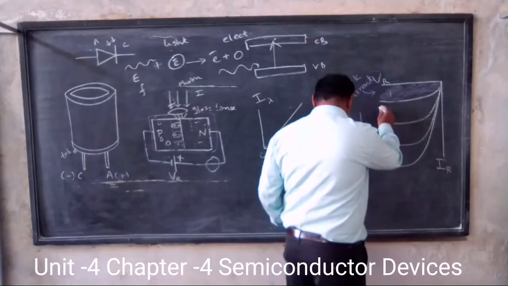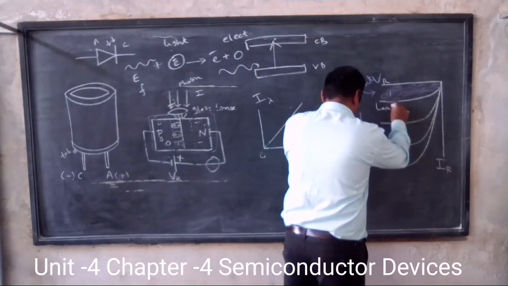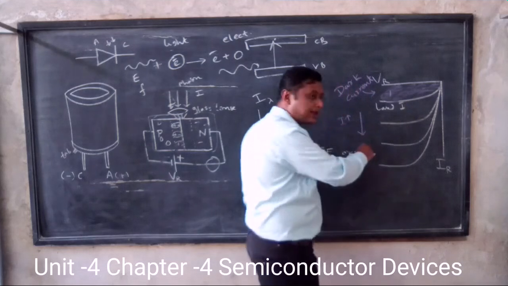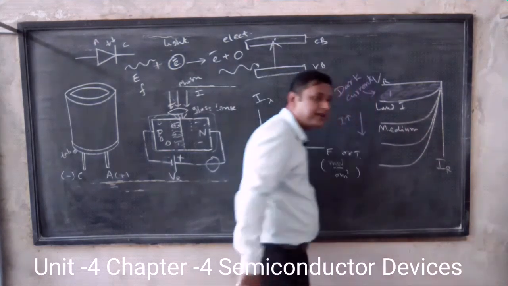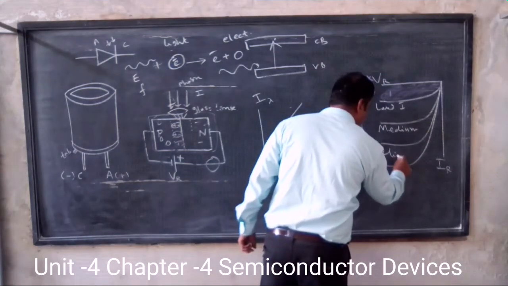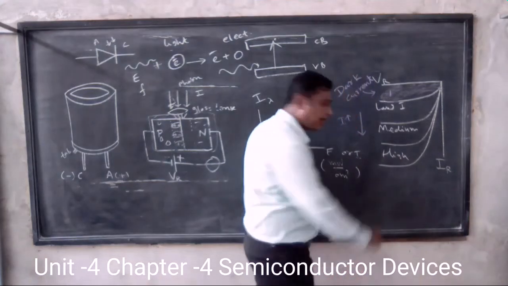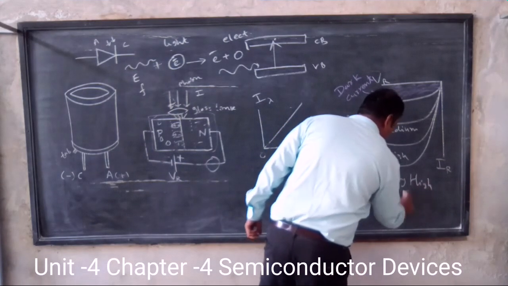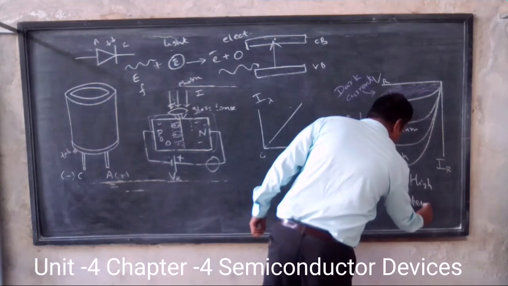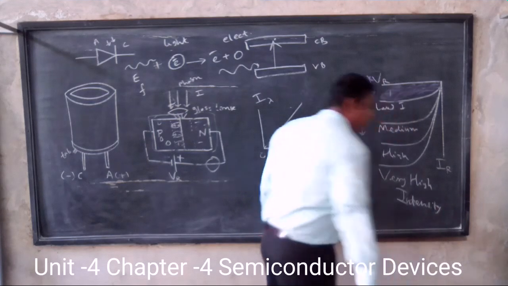So this is low intensity, medium intensity, high intensity, and then very high intensity.